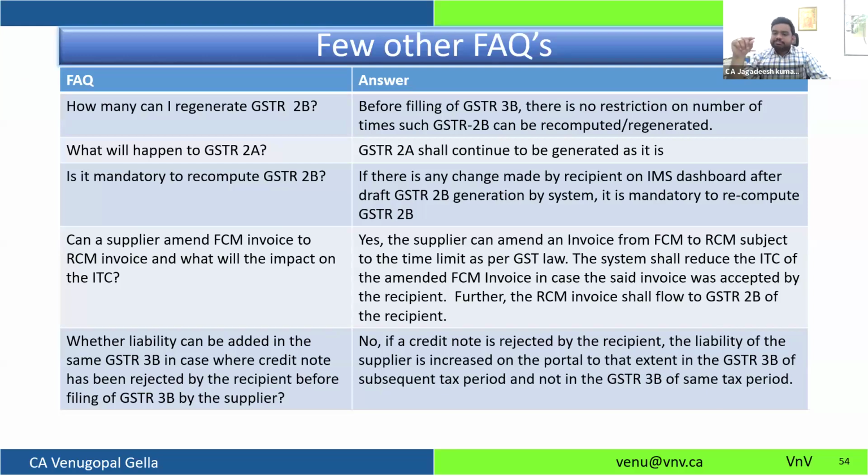So there is a practical difficulty to add that liability to your supplier's 3B in the same period. That's the reason if you rejected in the current period, that liability will get added to your supplier in the next period. So if a credit note is rejected by the recipient, the liability of the supplier is increased on the portal to that extent in the 3B of the subsequent tax period, but not in the same tax period. Hope it is clear.